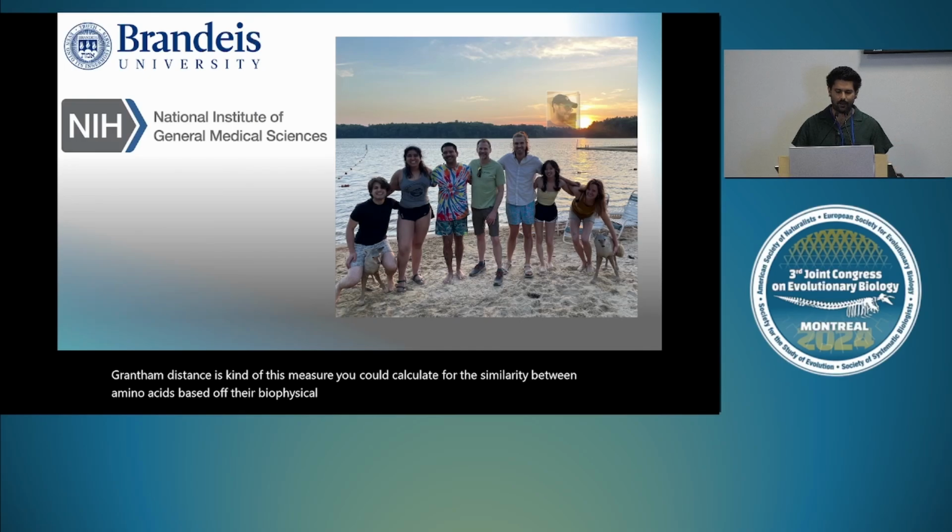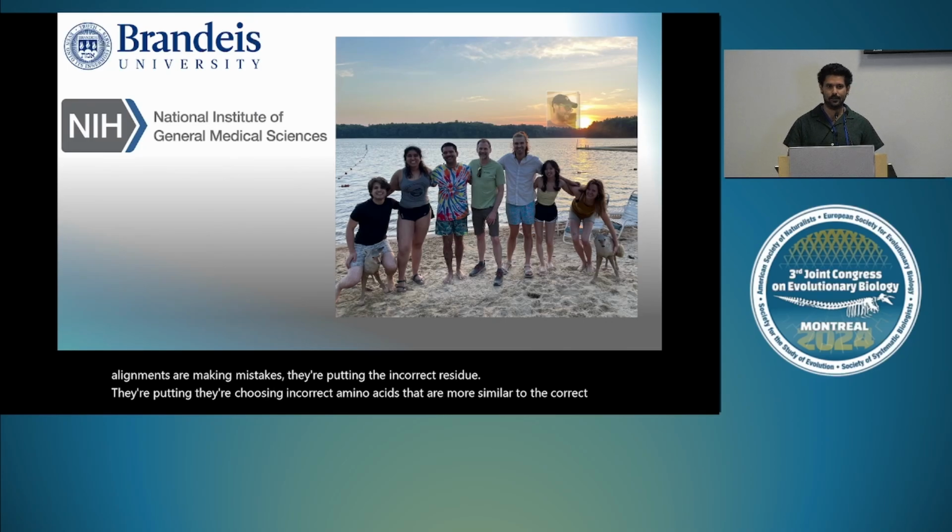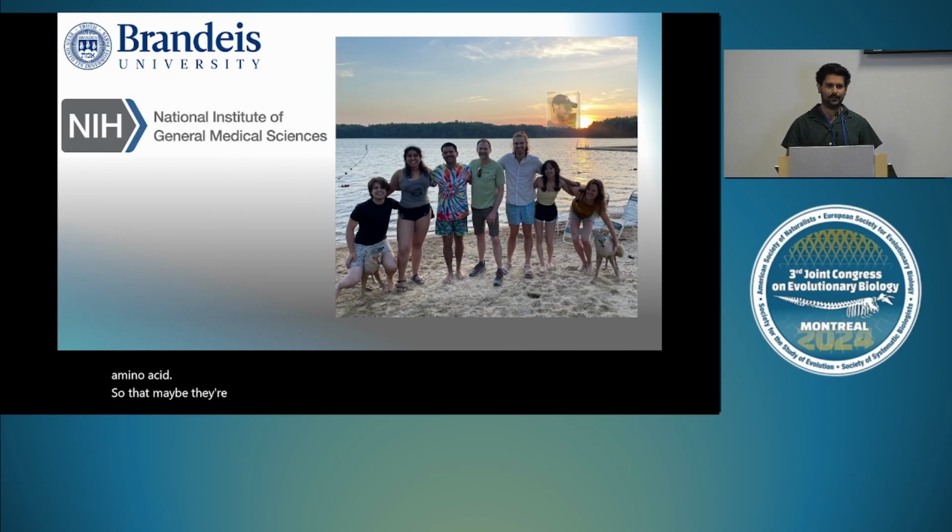And what we found with Grantham distance is that it isn't as clean as total number of mistakes, but that our Pagan-2 alignments also have the lowest Grantham distance. So what that means is that when our Pagan-2 alignments are making mistakes, they're choosing incorrect amino acids that are more similar to the correct amino acid. So that maybe they're putting an arginine where lysine should be instead of putting an alanine where lysine should be.